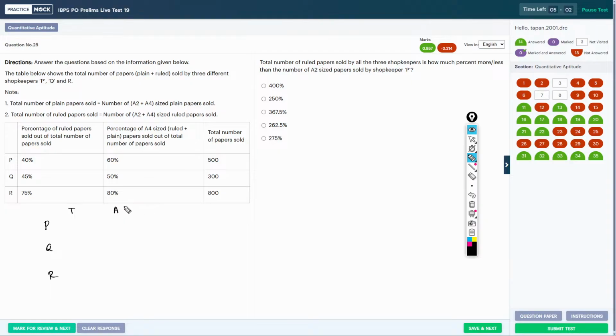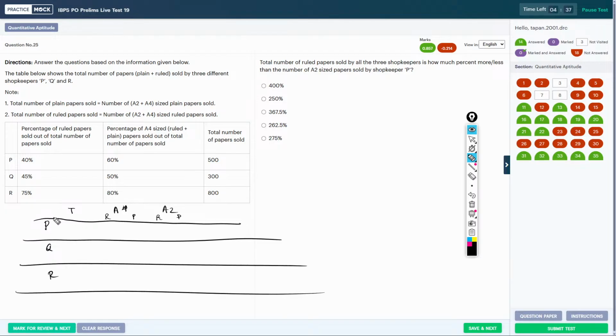So I can calculate A4, then within this, I have to calculate A2. I have to get two of it. So ruled and plain. Again here, ruled and plain. Total I needed to write somewhere.